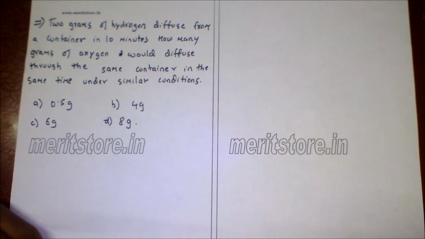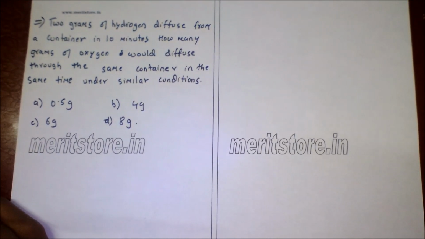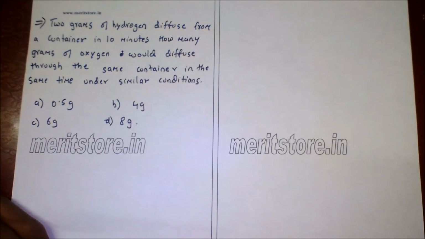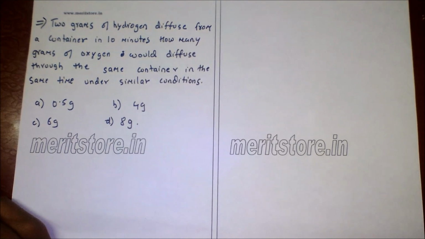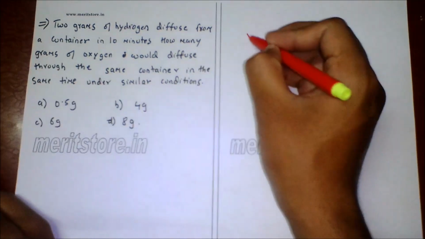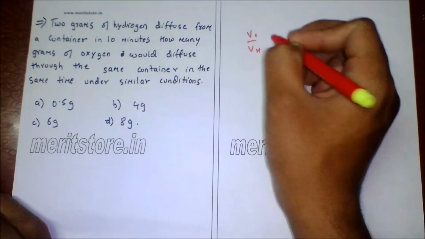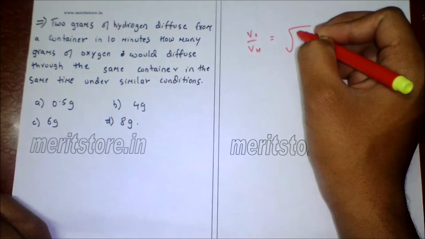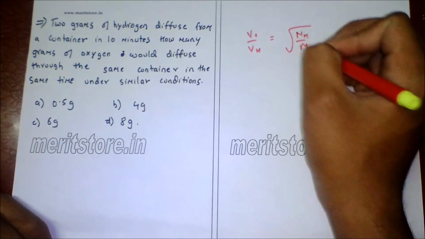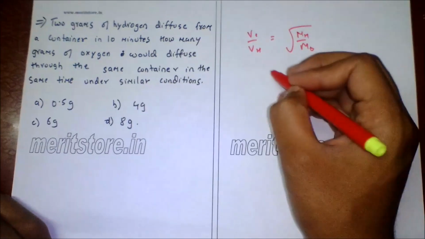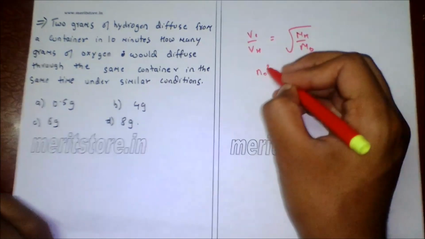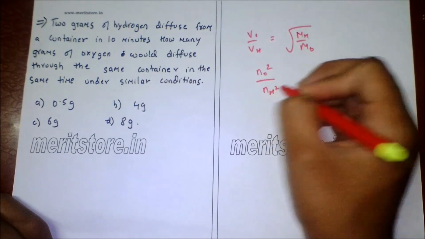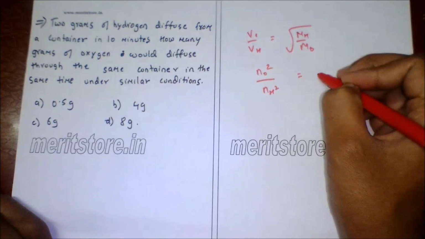2 grams of hydrogen diffuses from a container in 10 minutes. How many grams of oxygen would diffuse through the same container in the same time under similar conditions? So we know that V_O upon V_H is root of M_H upon M_O. We can write this as n_O square upon n_H square, that is number of moles, into mass.